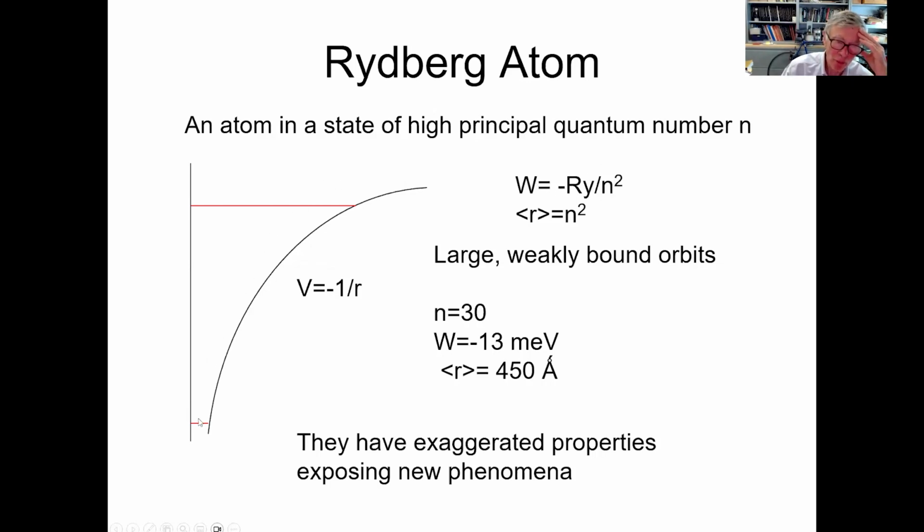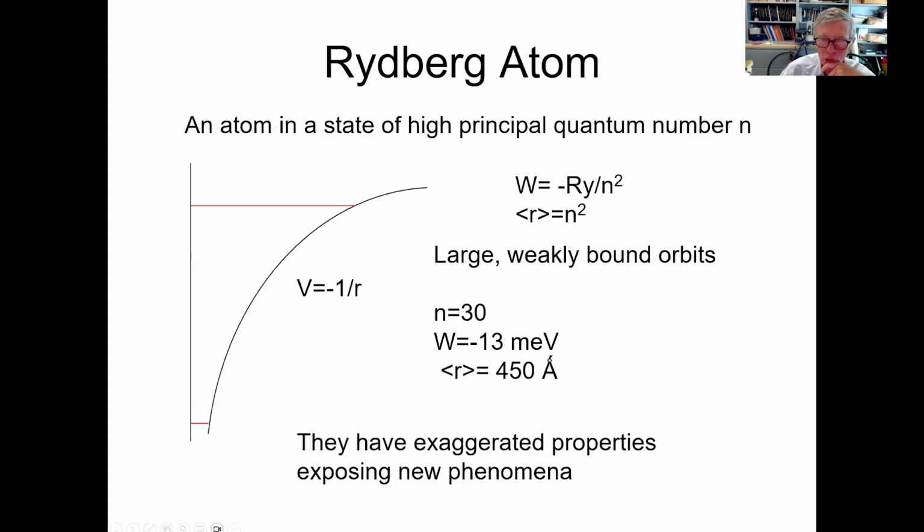Whereas the ground state is down here shown by the red line, in the Rydberg state, the classically allowed region that the electron can wander around in is much larger because it's in this Coulomb 1/r potential. In fact, the allowed orbital radii increase as the square of the principal quantum number. Okay, so a Rydberg atom basically is an atom with an electron in a large, weakly bound orbit.